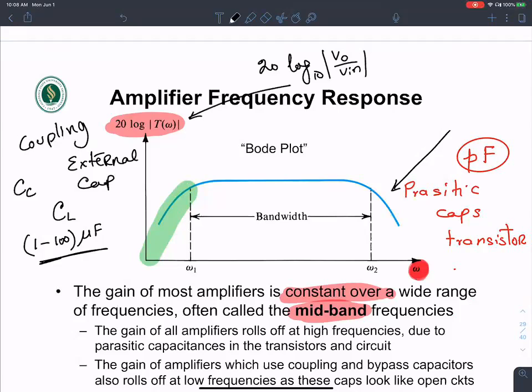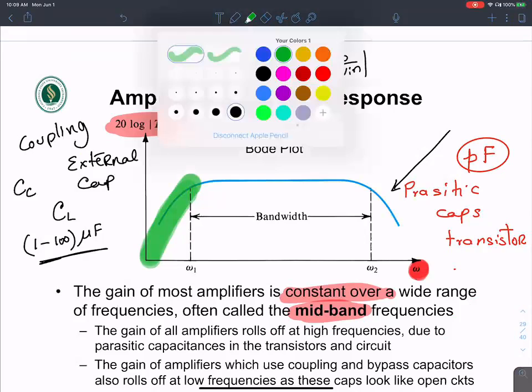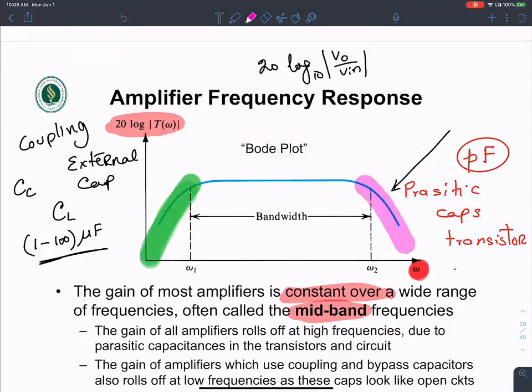Two observations: at really low frequencies, the gain is rolling off, and in addition, at high frequencies, the gain is rolling off.